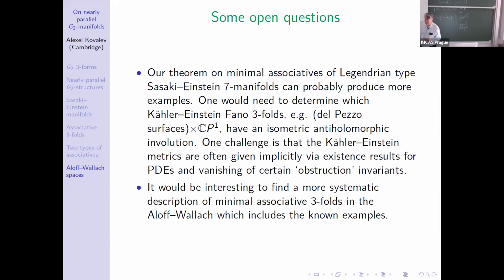So its deformations will disappear. But again, I didn't try to prove this in a nearly parallel setting. We have a result in another earlier paper, but that was a different type of G2 structure. So one would need first of all some sufficient condition for when one can make these associatives rigid, and then one can count them.